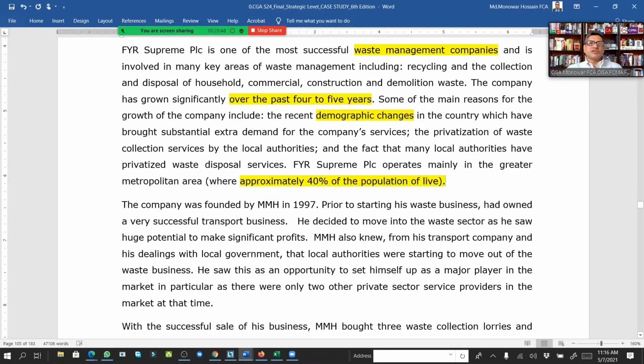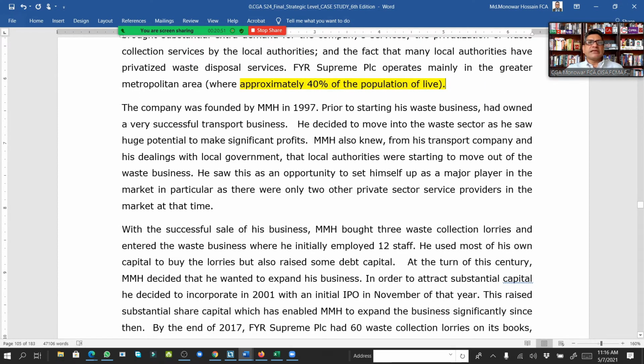The company was founded by MMEs in 1997.